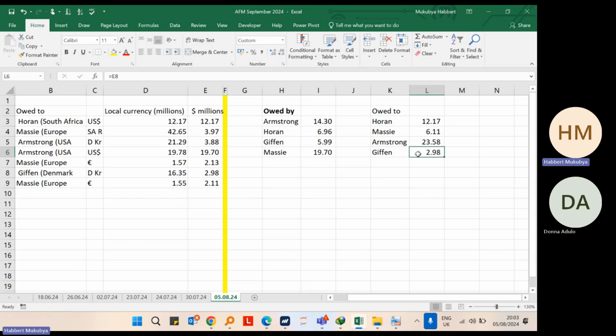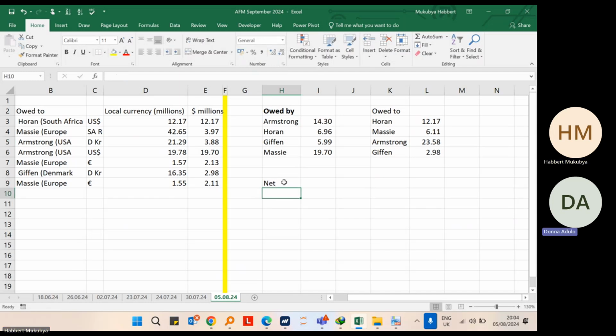Then it will follow Massey, then Horan, then Armstrong. But if you look at it in terms of the net, Horan owes 6.96 but is owed 12.17. Then Armstrong owes 14.3 but is owed 23.58. So if we are to look at the net.